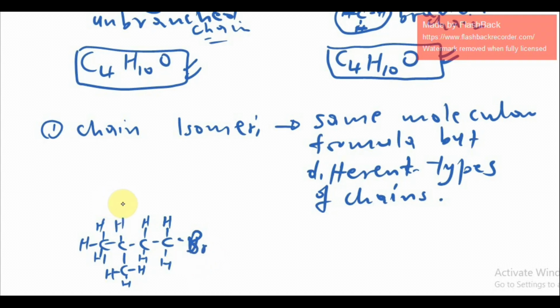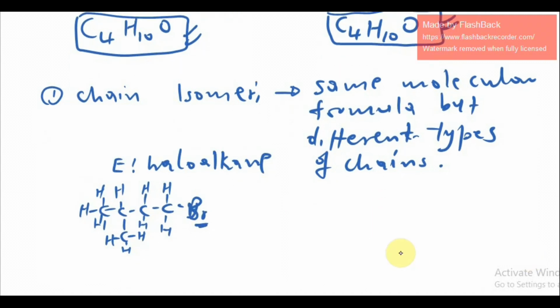So this compound E is a haloalkane, because I see a bromine, haloalkane, right? So this one, 1, 2, 3, 4, 5.